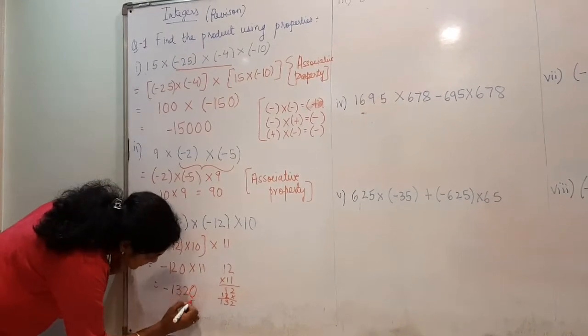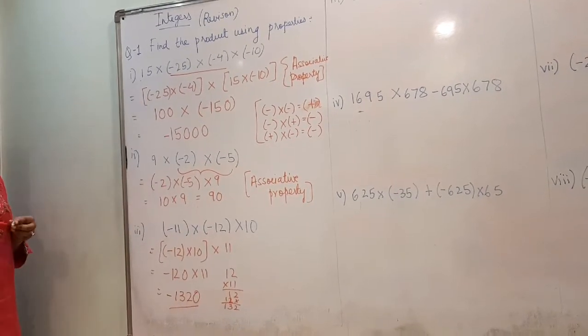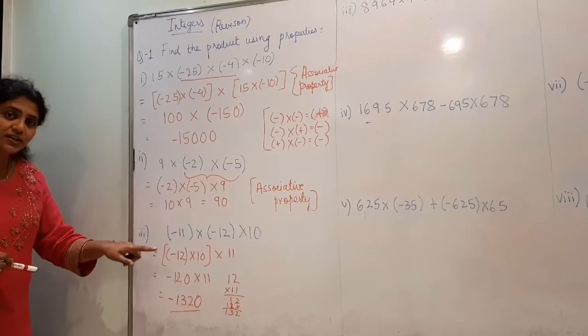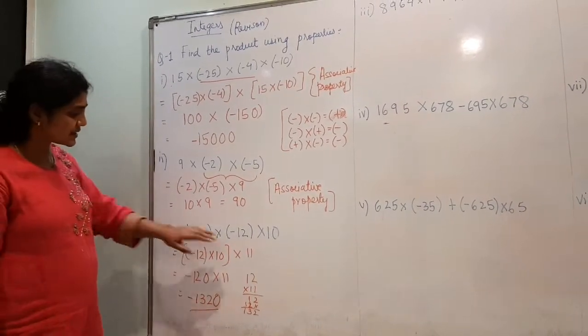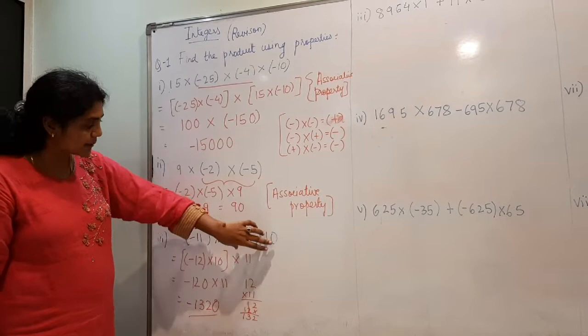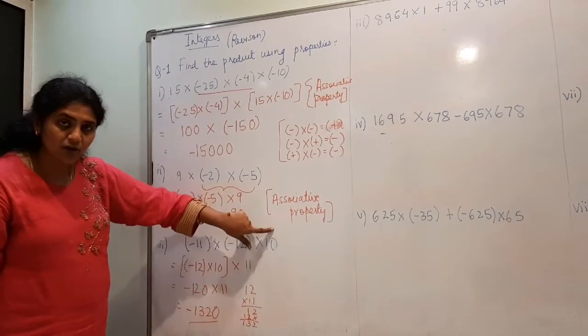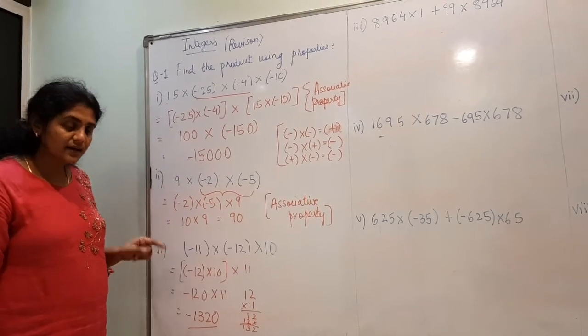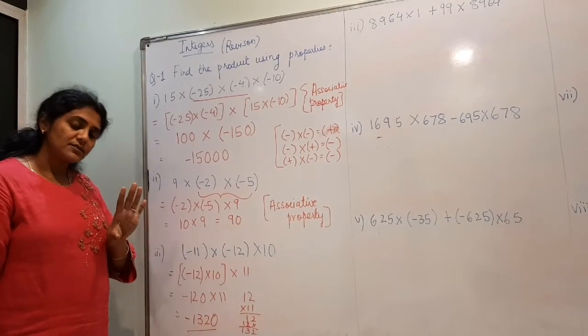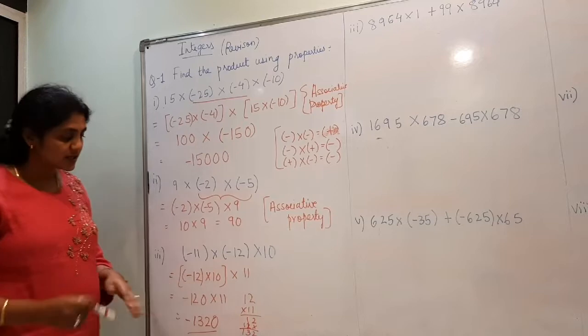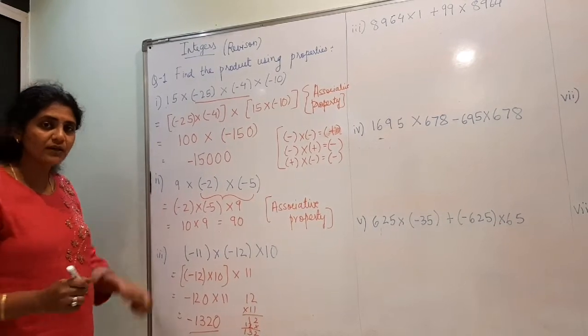I will place here 10. So this is your associative property. Again, it is not necessary. In this case, you can combine 11 and 10 also, get the answer and multiply by minus 12. It is also right. Okay. So again, which property have you used?